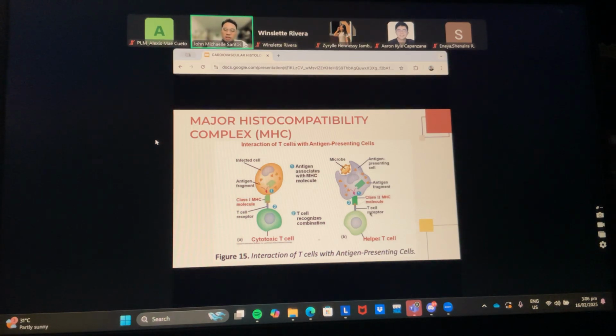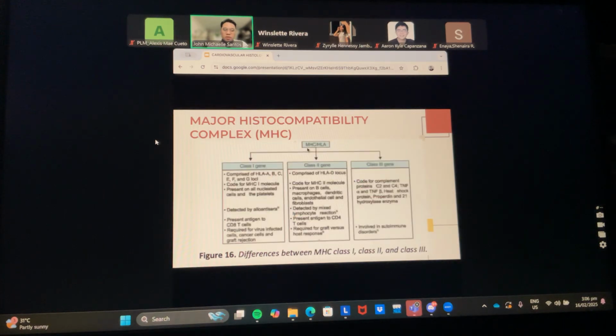Okay? Dito naman sa T helper cell, microbe, kinuha niya yung mga antigens ng microbe, and then si MHC class 2, pepresent niya ulit sa T cell receptor, and then si T helper, tutulungan niya ngayon yung mga other cells para patayin naman ito. Okay? So your major histocompatibility complex, you have 3 classes of genes. Okay?